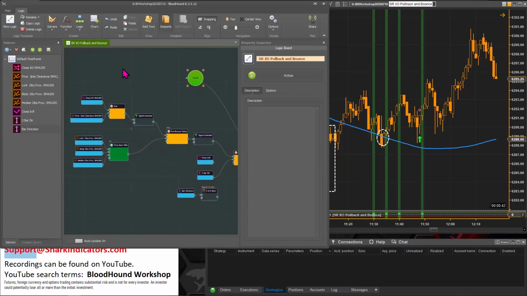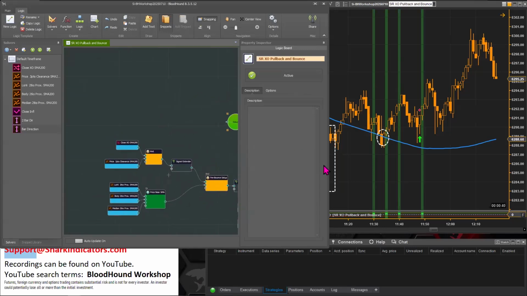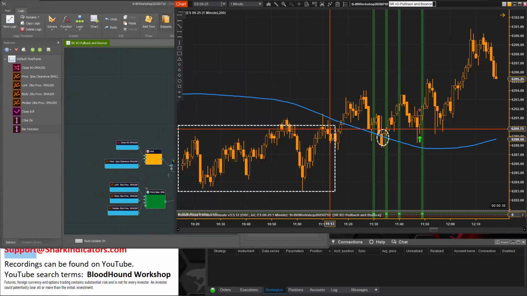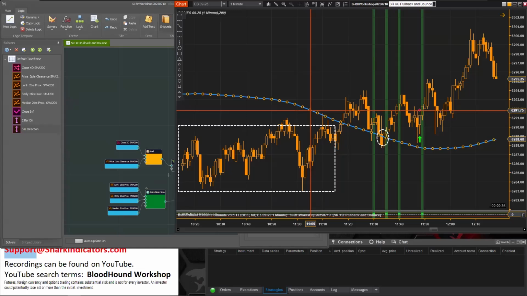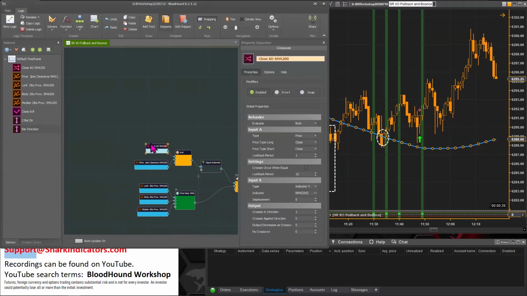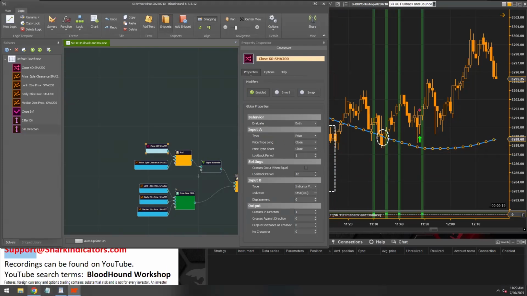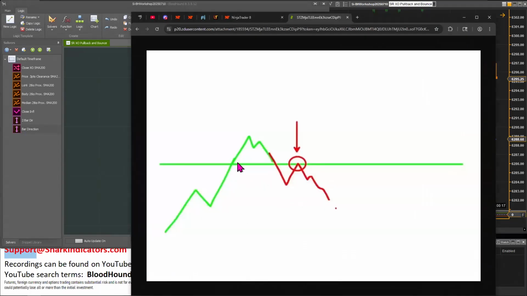All right, so if we need price to be on one side of our support resistance level for X number of bars before it crosses, then we have to go way back to the beginning of our system. When we started to build this, condition number one was the crossover.